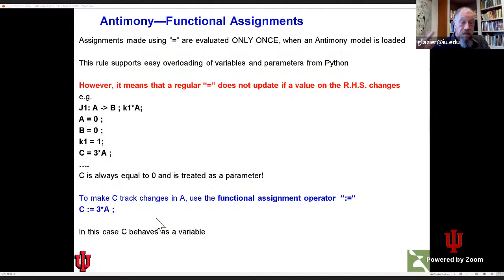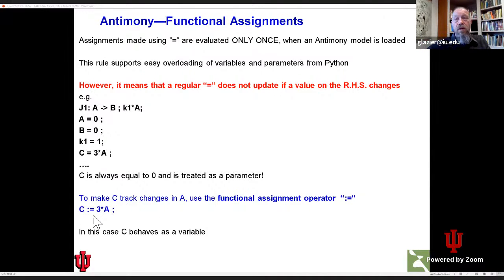because one of the things that's nice about these declarative languages is that we can overload parameters very well. We want to run the simulation where K1 has a different value, where the initial value of A is different. We can change it outside of the model specification.